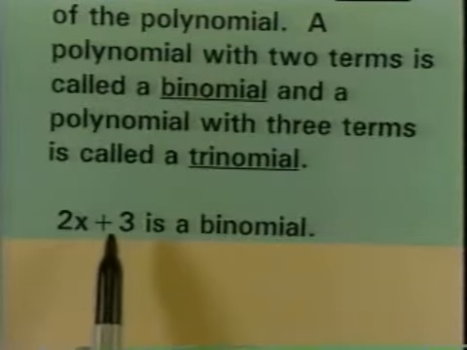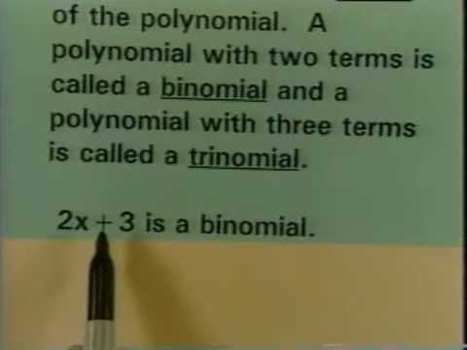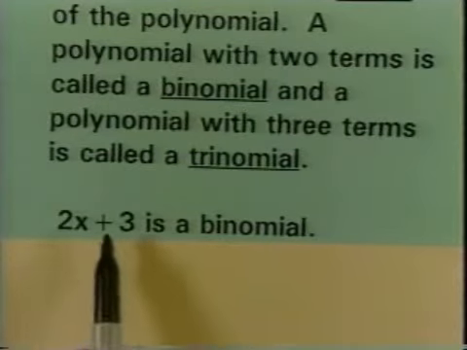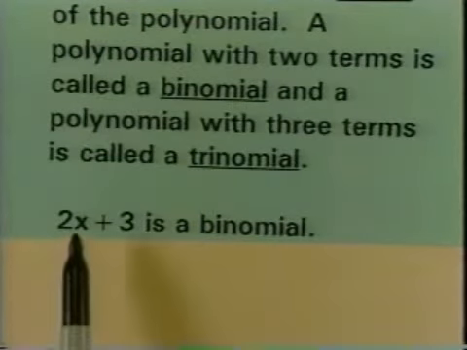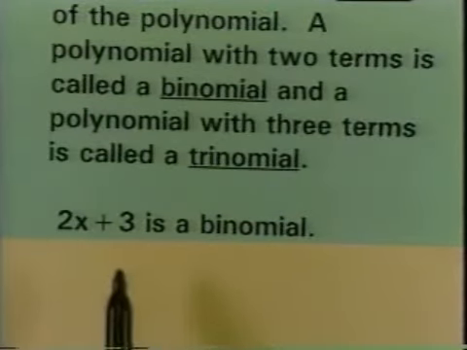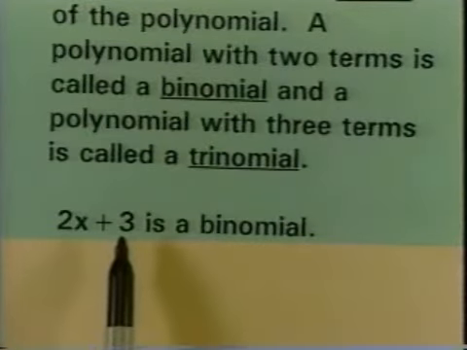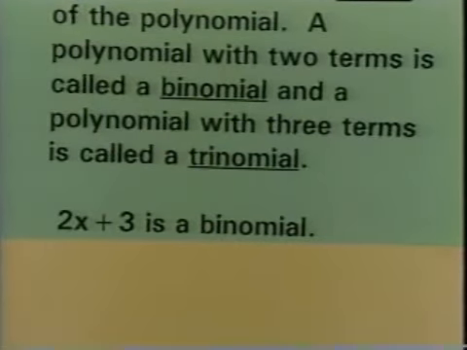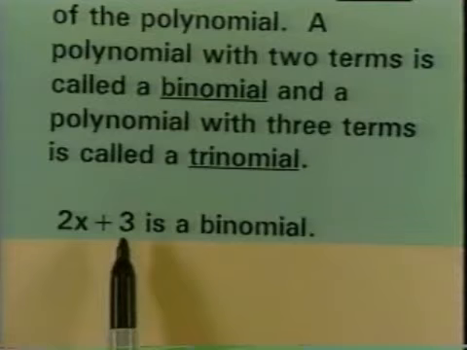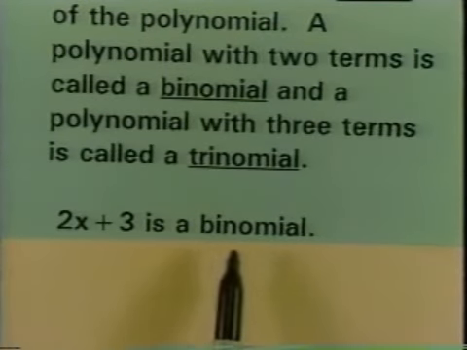The monomials are connected with the plus sign, which makes it the sum of monomials. I have 2 monomials in my string, so therefore I have 2 terms. If I have 2 terms, the polynomial is called a binomial.